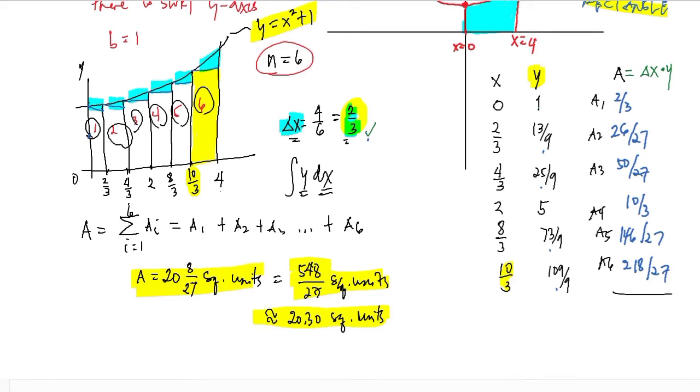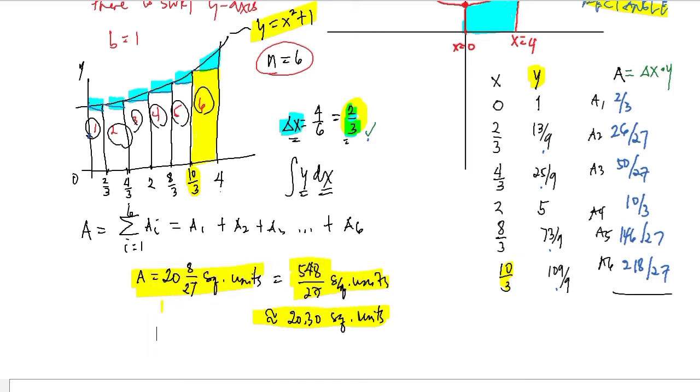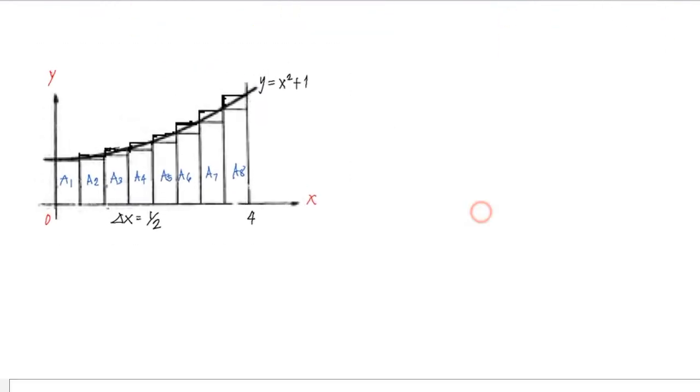Okay? So, what if we are going to compute for n is equal to 8? Ayan. So, hahatiin natin yung function natin, sabihin na tayo, n is equal to 8.